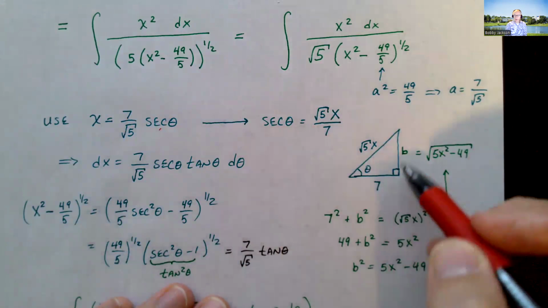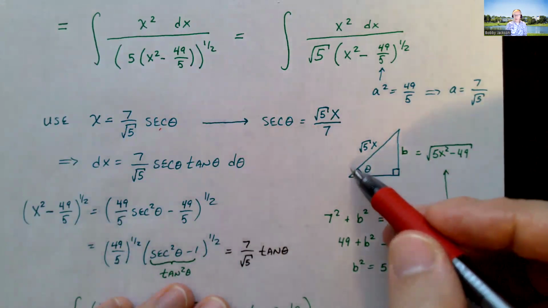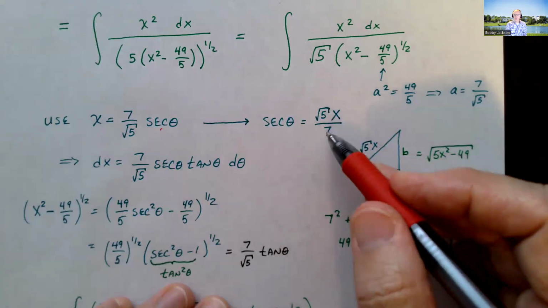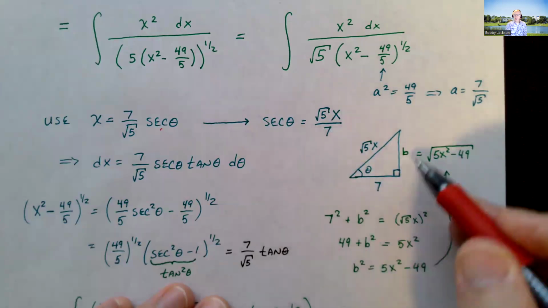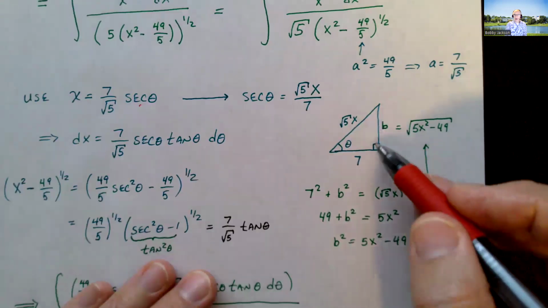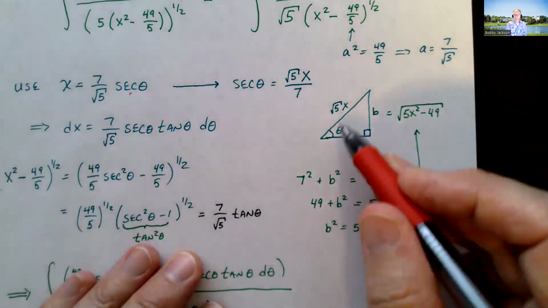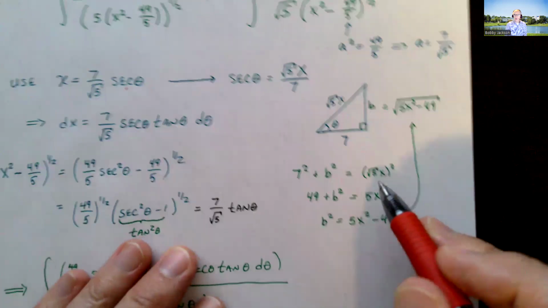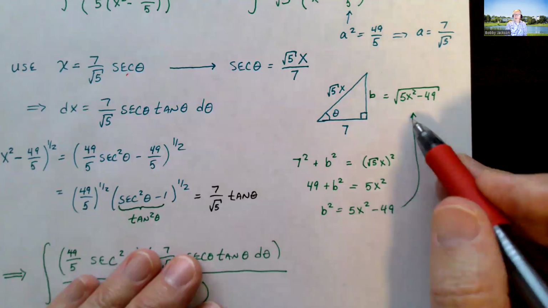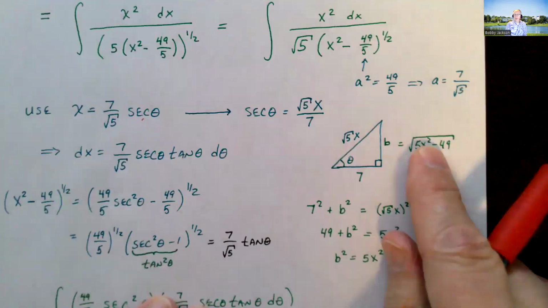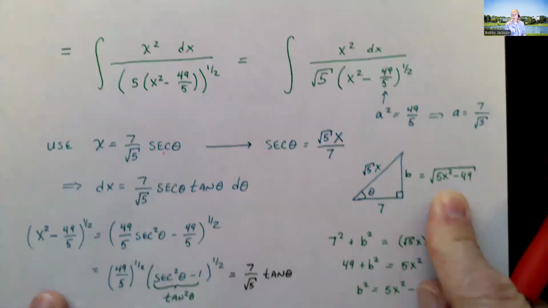If I draw my right triangle here, where theta is the acute angle, the hypotenuse is this quantity on top, and the bottom is the adjacent. Then I can solve for the opposite side by the Pythagorean theorem: 7 squared plus b squared equals this quantity squared, which is 5x squared. Subtract 49 and take the square root, and we get this, which is not surprising looking at the original integral that we started with.